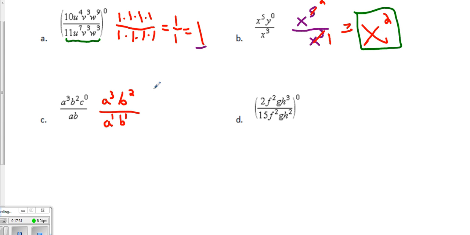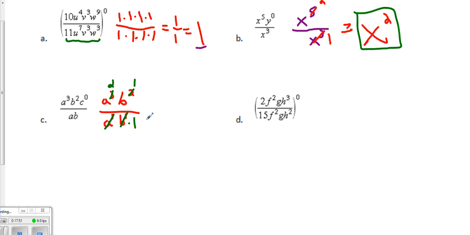To divide these exponents then, take away 1 a, so this became 2. Take away 1 of the b's, so this became 1. Remember, all of this is now still times 1 on the bottom. It all became 1. So it's a squared times b to the 1st power all over 1.